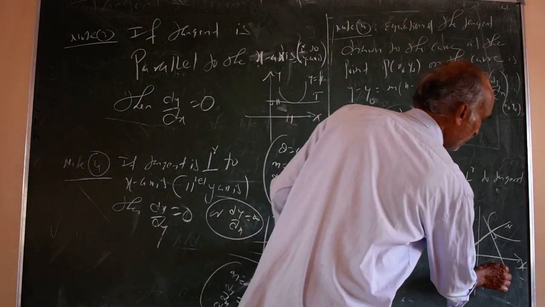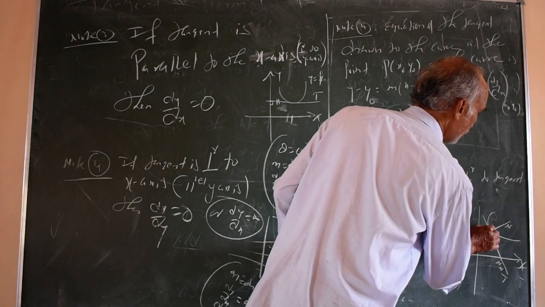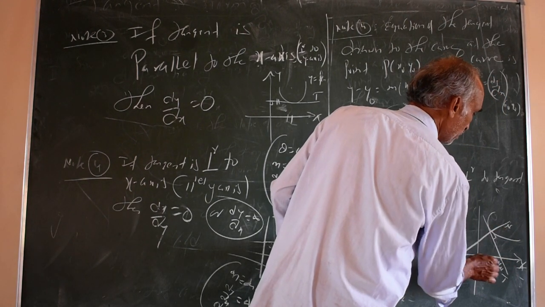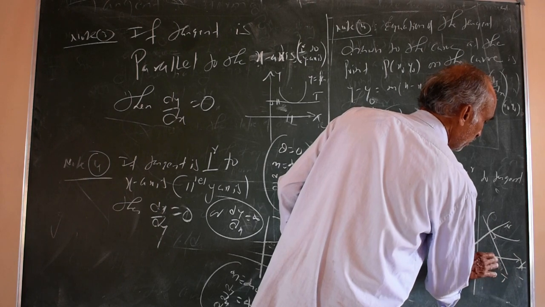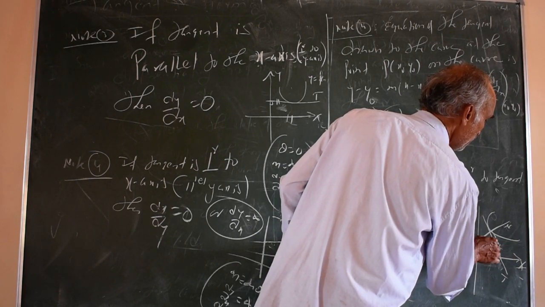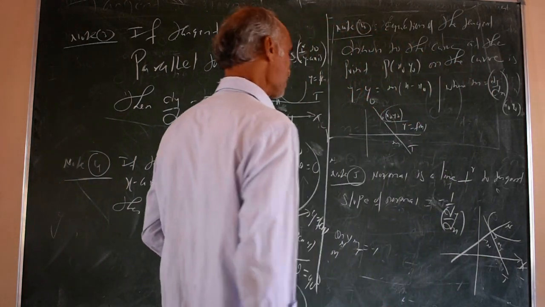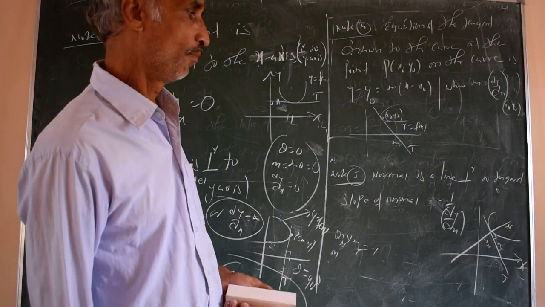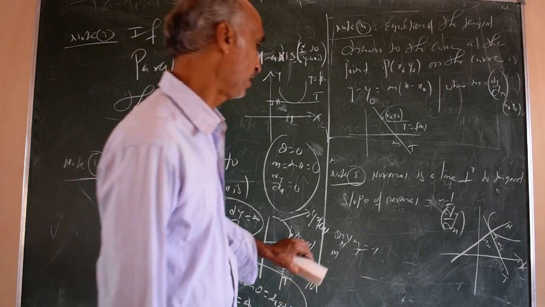This is the slope of the tangent, mt. The slope of the normal is mn. This is the tangent, with slope mt. The slope of the normal is mn. So when two lines are perpendicular, then mn into mt is minus 1.